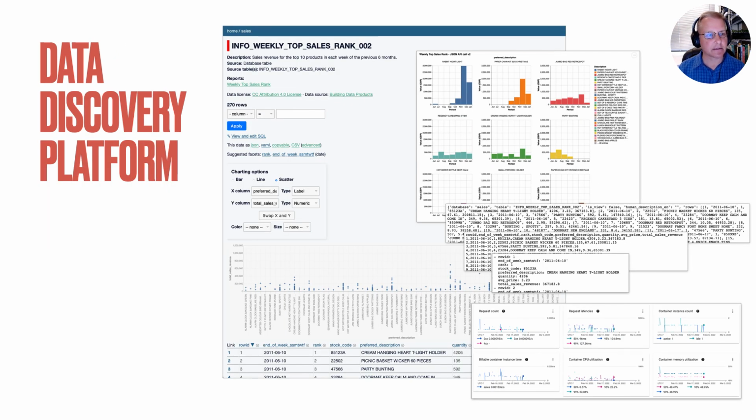So at the end of the day, we want this data discovery platform that provides a good, clean, ad hoc environment. It doesn't need to be very fancy and pretty, but it does need to do some things. We need to be able to see the data that we have. We need to be able to interactively build our charts to analyze the data and get some idea about what the data looks like, because that's more helpful than looking at a big table of data.